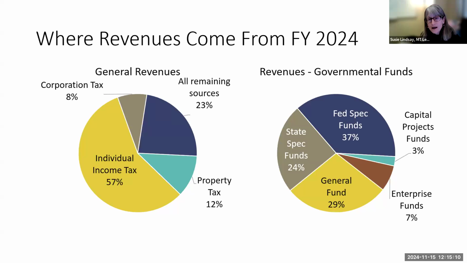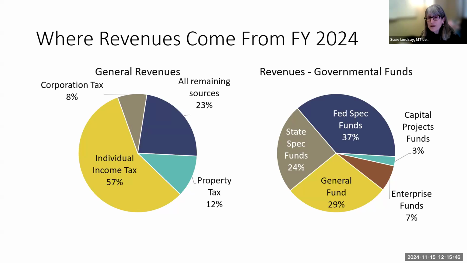As of 2026, those will no longer be included in that general revenues definition. They'll still be in the definition, but they'll go back to the general fund. So these are just different ways we report, but you can see that of general revenues, 57% comes from individual income taxpayers. So when you pay your individual income tax, that is the biggest source of funding for general revenues for the state.